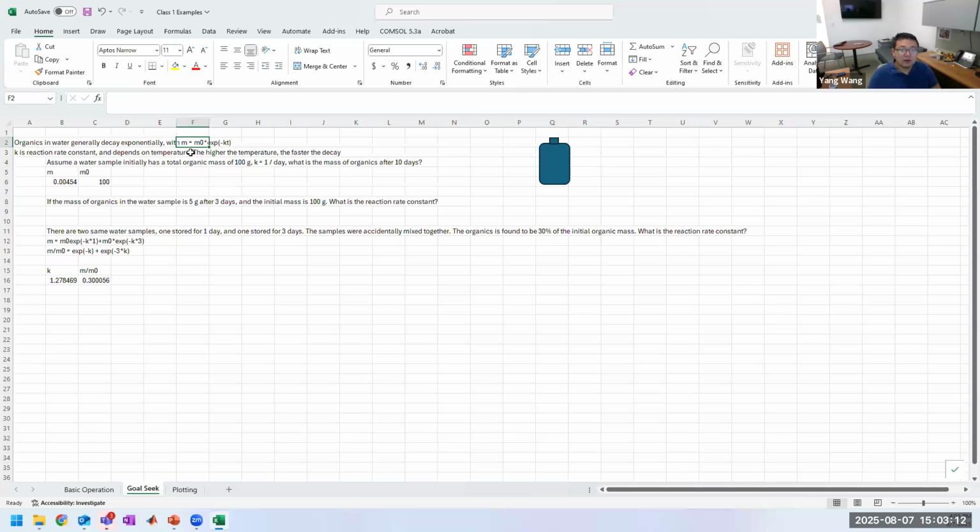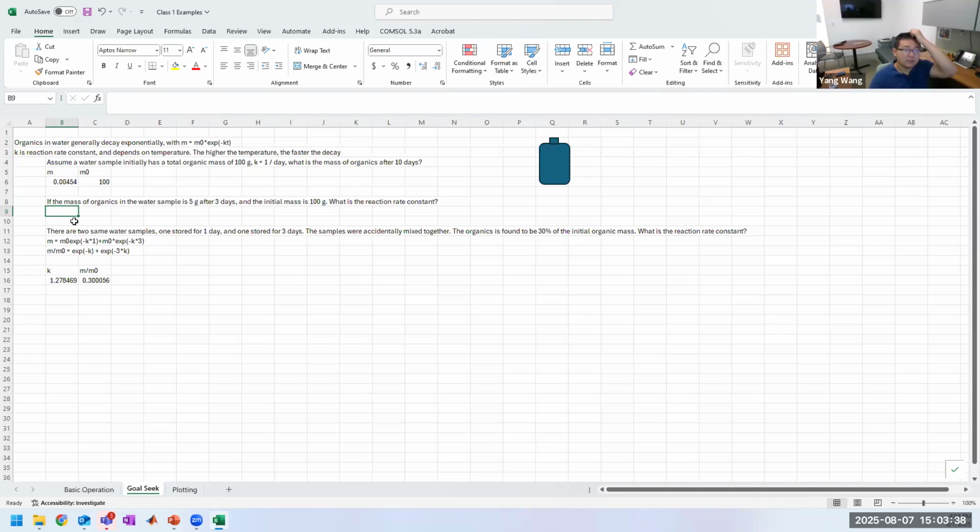Environmental engineers have to derive the actual reaction rate constant for different water bodies, and they do that by collecting water samples and measuring the actual organic mass. So now the problem converts to solving for k based on M and M0.